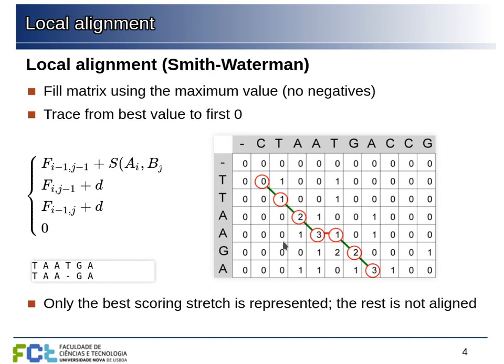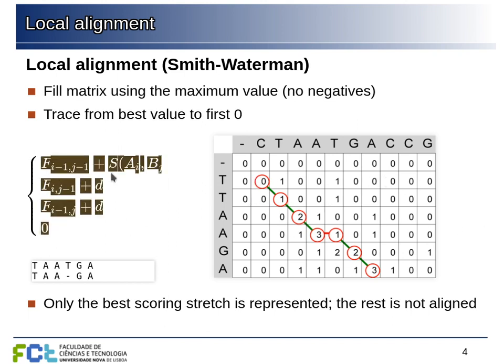So this means that when we initialize the matrix, instead of starting with the gap penalties going negative on the first row and on the first column, we start at zero. So we ignore these kinds of alignments where we only have penalties, because those will not give us the optimal local alignment. And then during the process of filling this matrix, we use these four branches here.